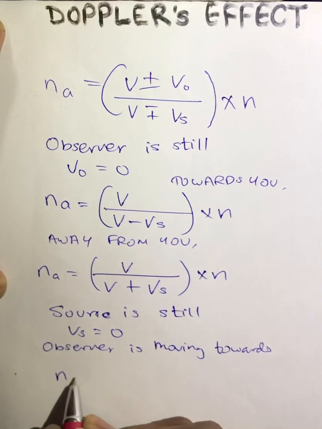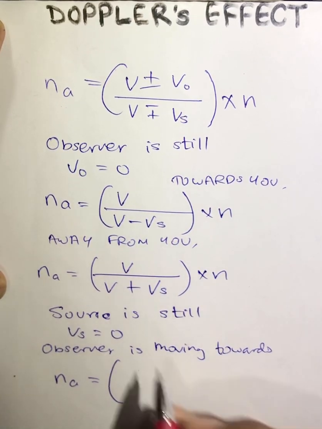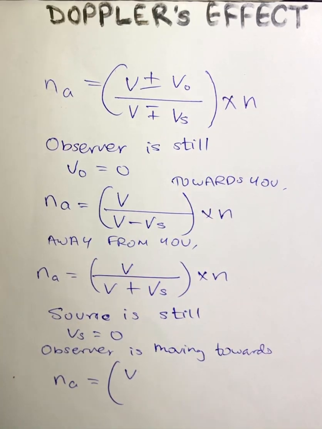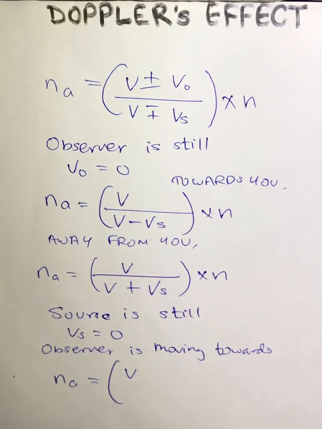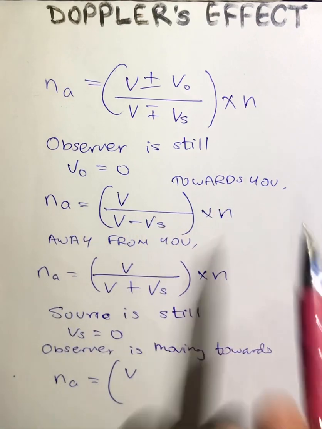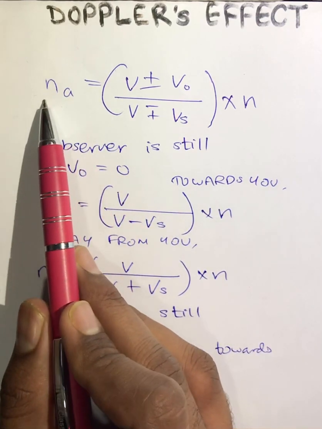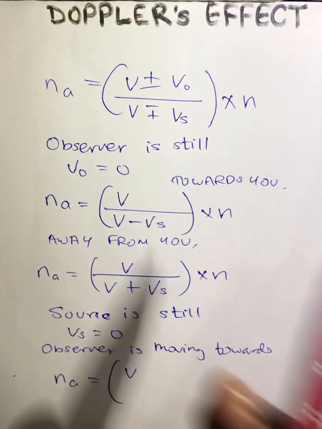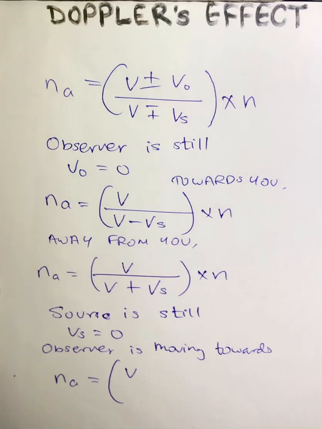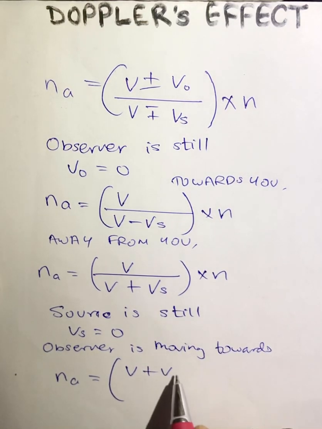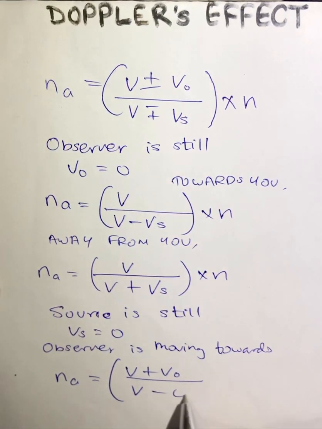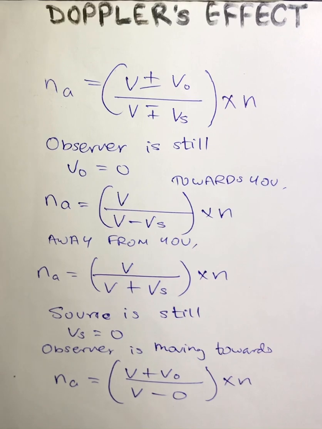The apparent frequency becomes V plus the velocity of the observer; we must add it because when the observer is moving towards the source we hear a larger sound, so the frequency is increasing and the apparent frequency Na should be greater. Therefore if we add it in the numerator, the value of the whole expression will be greater. So we add V plus Vo upon V, and since Vs is 0, therefore 0 into N.